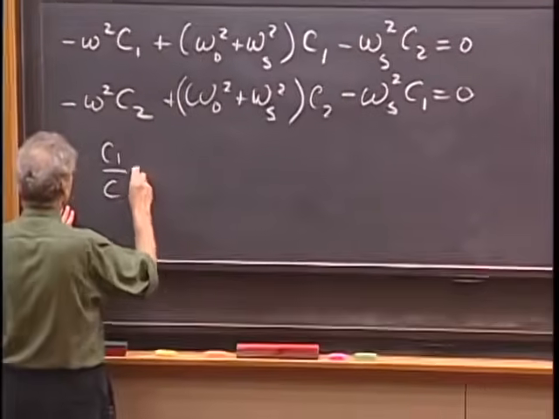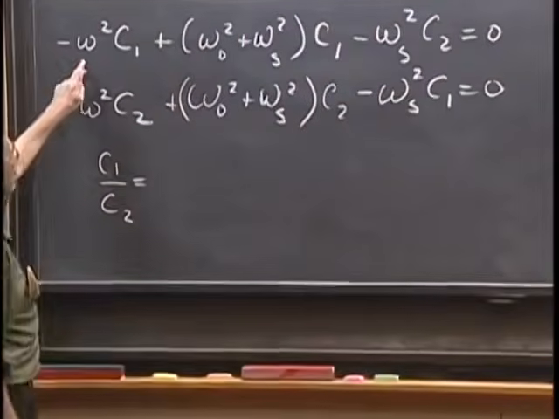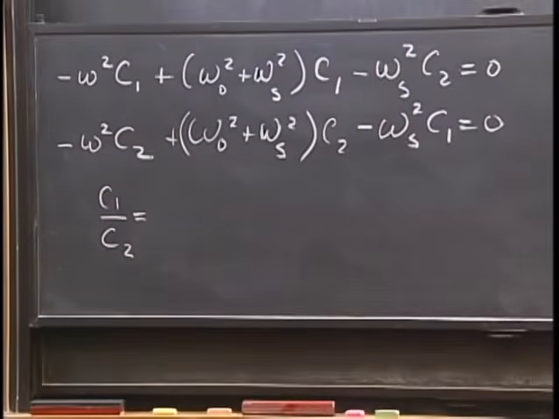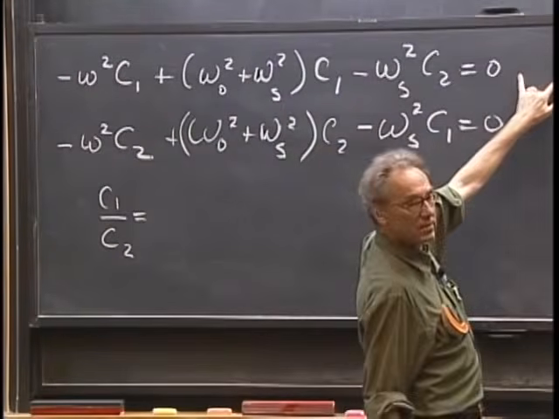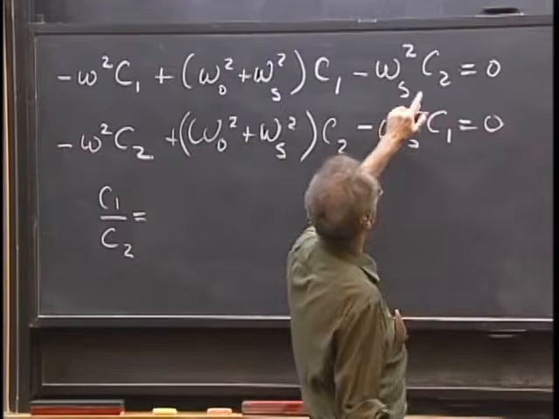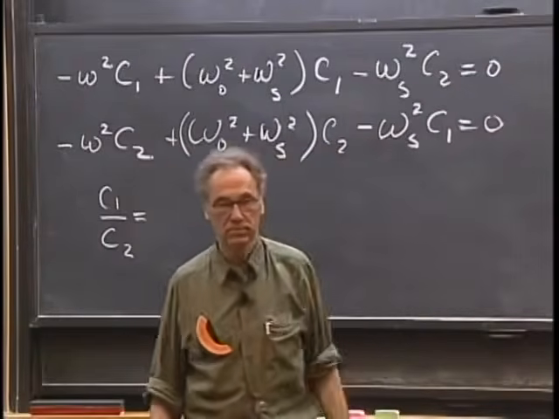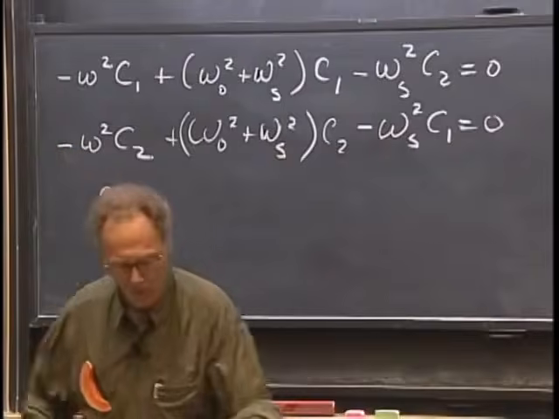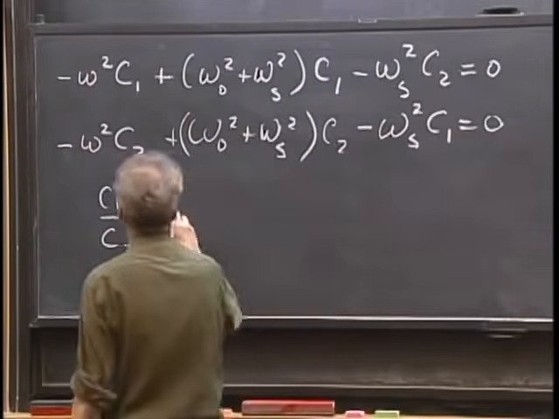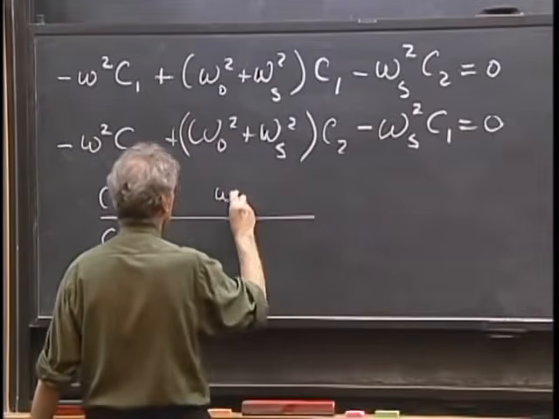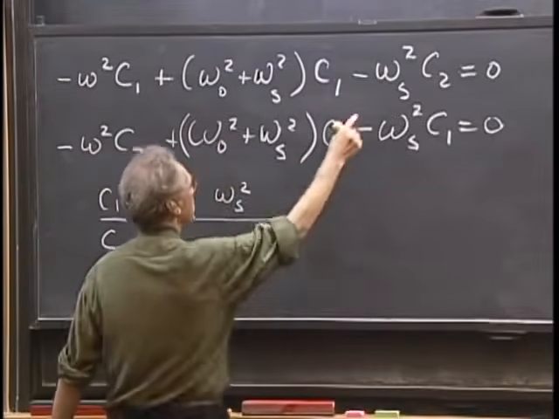c1 divided by c2. I go to the first equation. And this is not so hard what I'm doing. I put in my mind this on the right side. So I get a plus omega s squared times c2. And then I divide c1 by c2. And so what I get then is the following. I get omega s squared upstairs, which is this one.